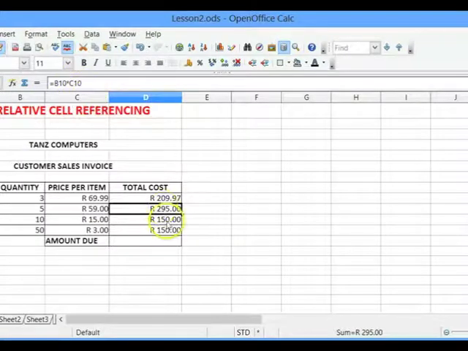So the formula automatically adjusted itself according to the row that we were working with. Remember that we typed in cell D9 is equal to B9 times C9, and the computer automatically adjusted it in cell D10 to is equal to B10 times C10. So this is an example of relative cell referencing.